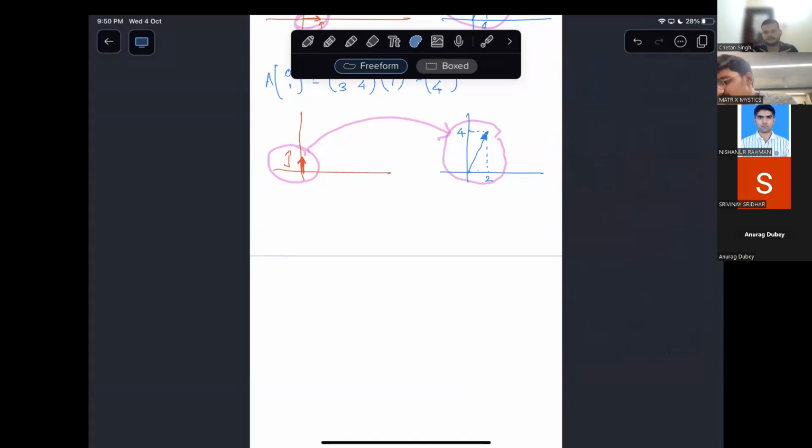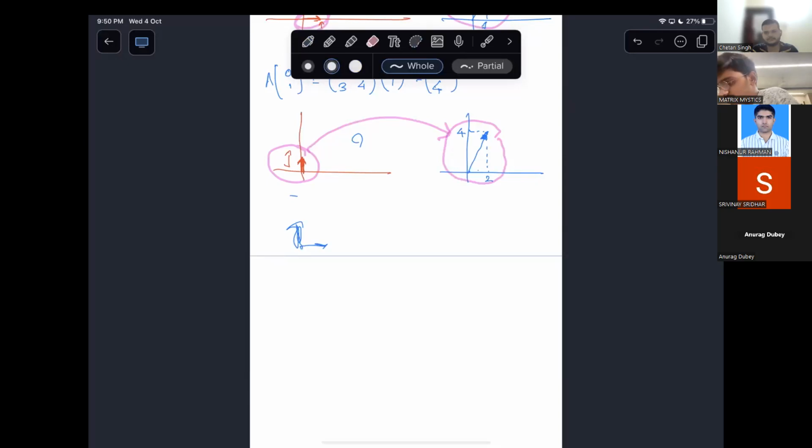Unless you had something else to conclude by this. Any other points? No, I just meant to say that because we can express i cap and j cap, we can express any vector in this red plane as a linear combination of i cap and j cap. We can also represent the transformed vector.